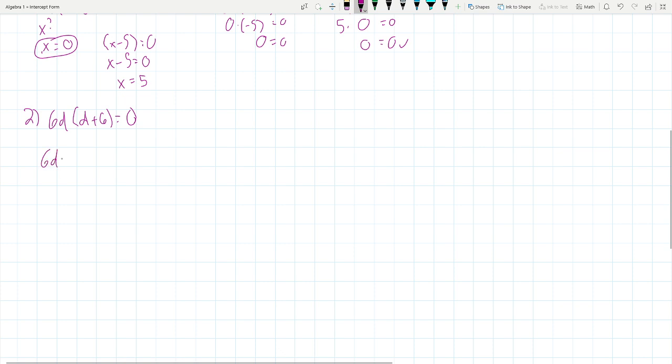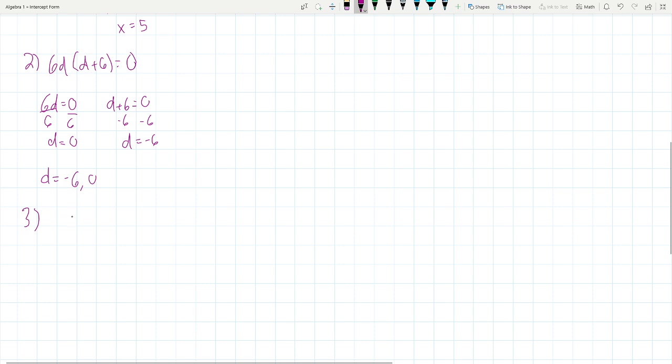So I can go 6d equals 0 and d plus 6 equals 0, and I can evaluate both of these. I divide both sides by 6, and I get d equals 0. I subtract 6 from both sides, and I get d equals negative 6. And so my two answers are d equals 0 and d equals negative 6, and you should put these from least to greatest, so negative 6, comma, 0. And you can go in and check these if you wanted to.